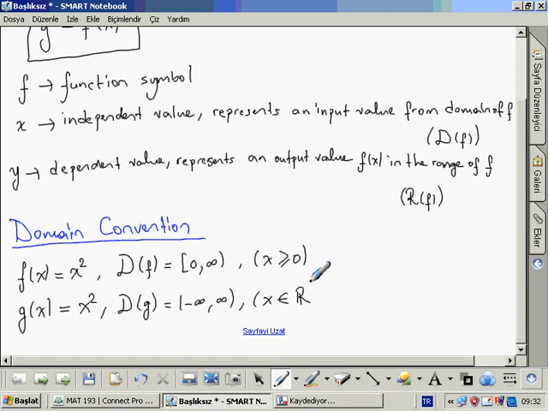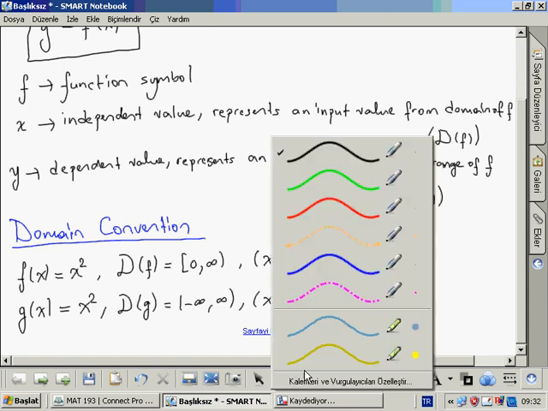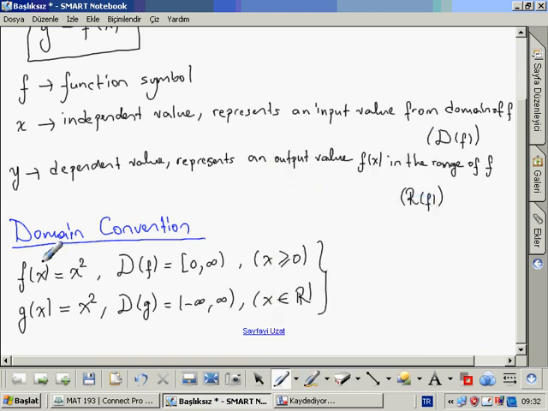Okay, so as you see, maybe you can think these functions are the same because both of them are x squared, but their domain sets are different from each other. So we can say they are not the same function and they are not equal to each other. And let me write it.